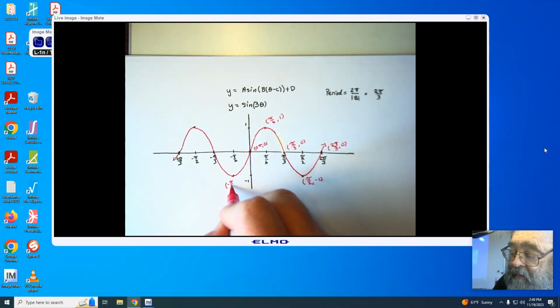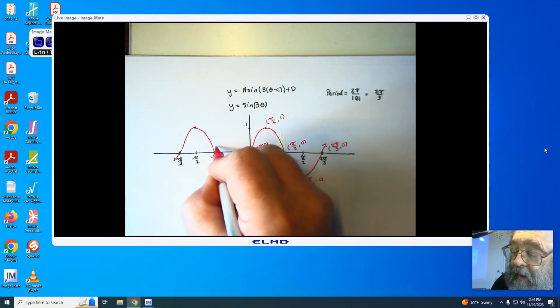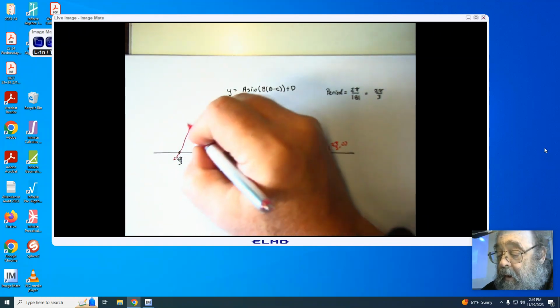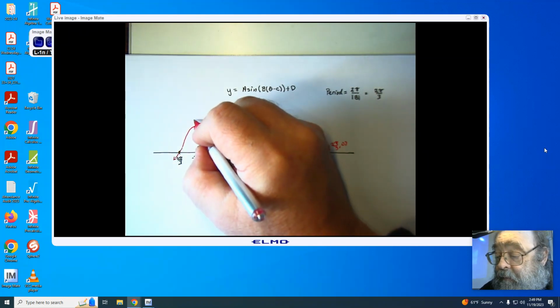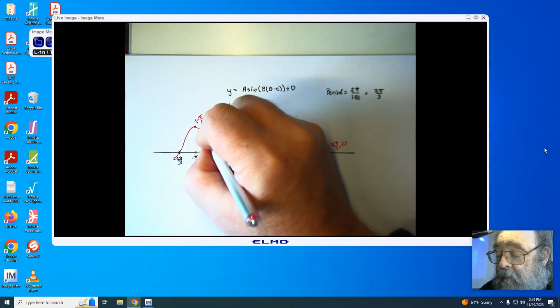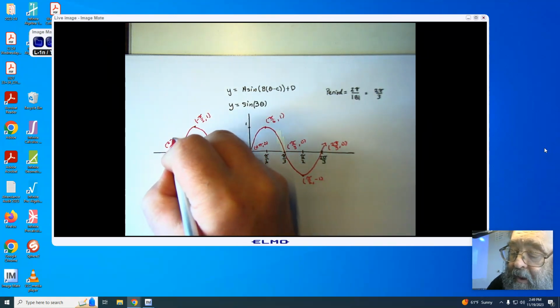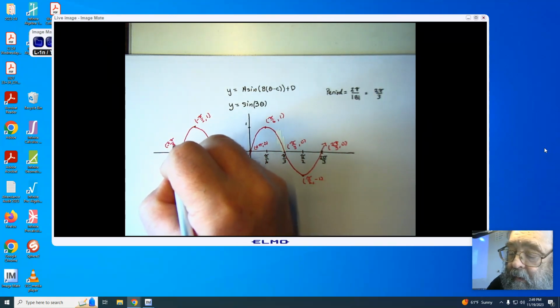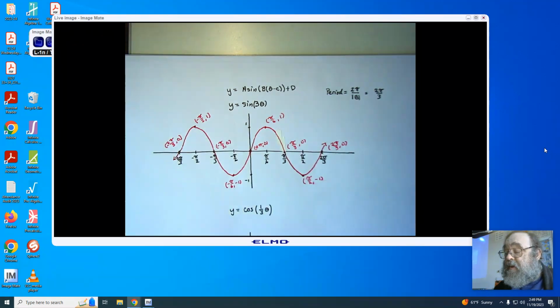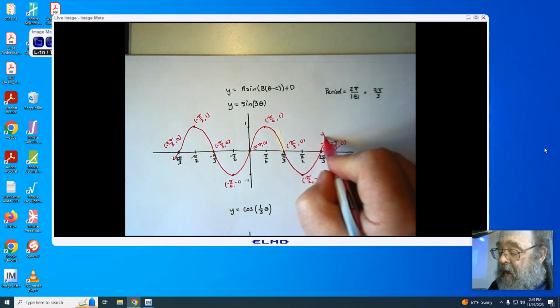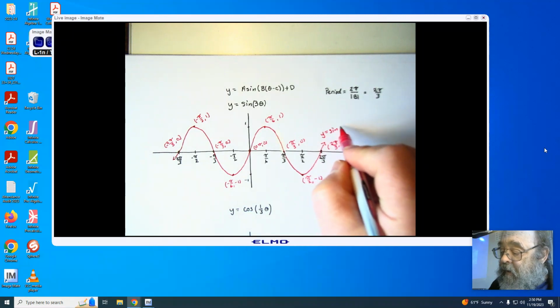Negative pi over 6, comma negative 1, negative pi over 3, comma 0, negative pi over 2, comma 1, and then negative 2 pi over 3, comma 0 again. And this is now y equals the sine of 3 theta.